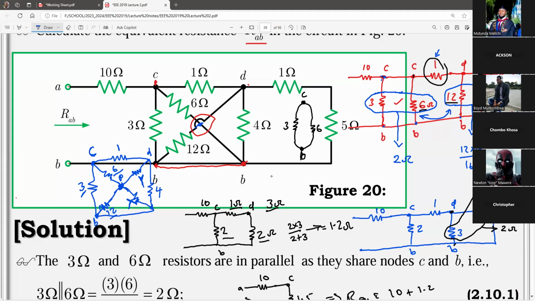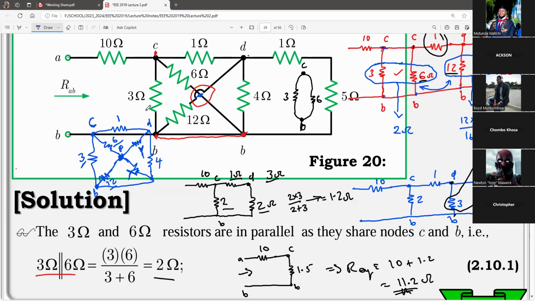Remember the condition for series? They must be connected to one node. Then it fails.